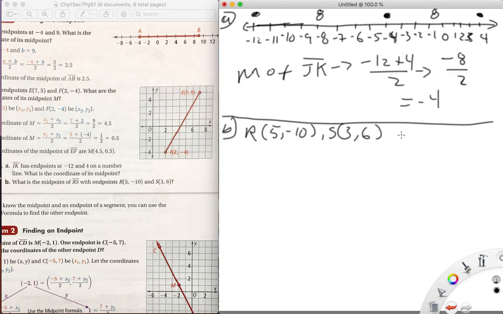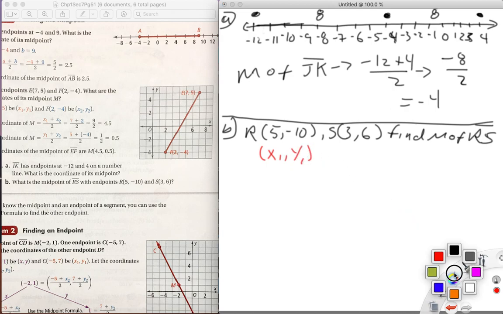They want the midpoint of RS. So remember, this is my x1, y1. This is my x2, y2.